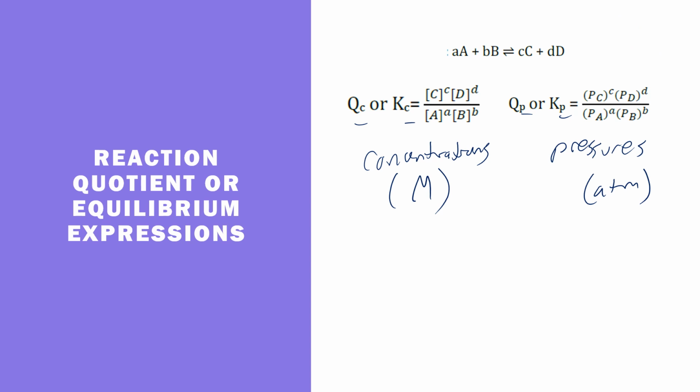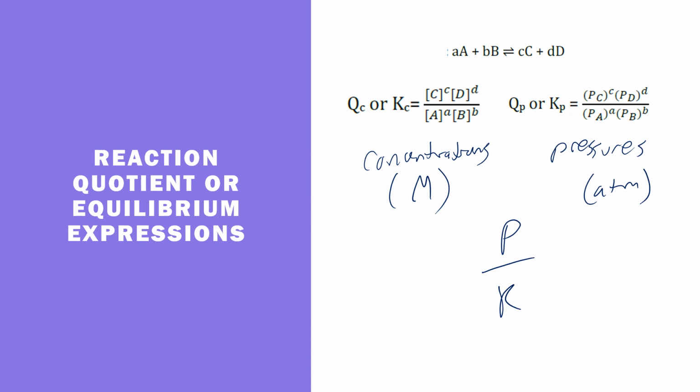Once you figure out whether you're doing concentration or pressure, then you're going to follow this pattern. If there's a coefficient in your balanced equation, the coefficient becomes the exponent. Coefficients become exponents, and it's always products over reactants.